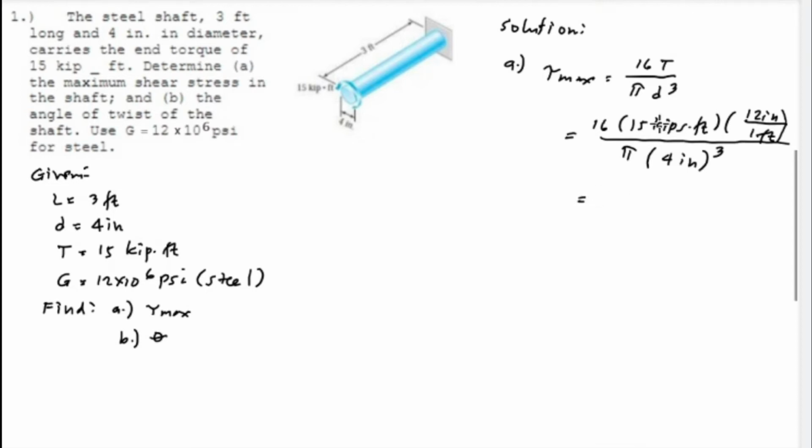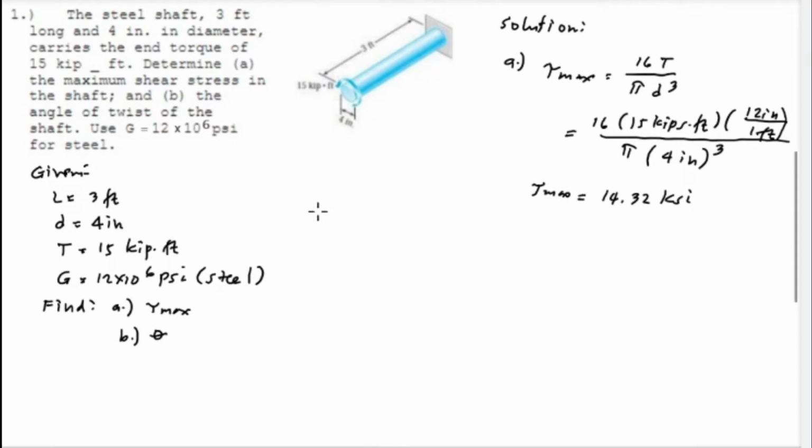So we compute 16 times 15 times 12 divided by pi, and we divide also by 4 cubed, and the value is 14.32, and the unit is in KSI or kilopounds per square inch, and this is the maximum shearing stress.